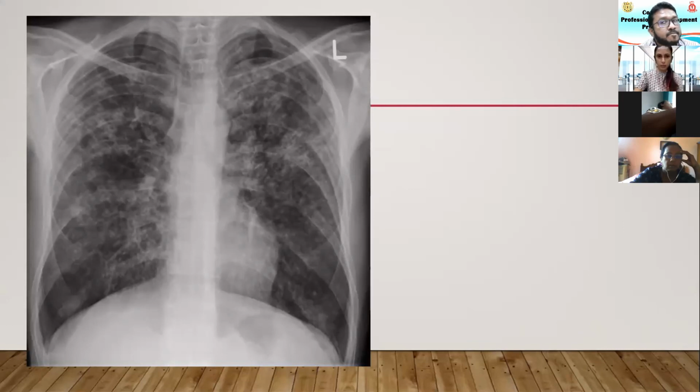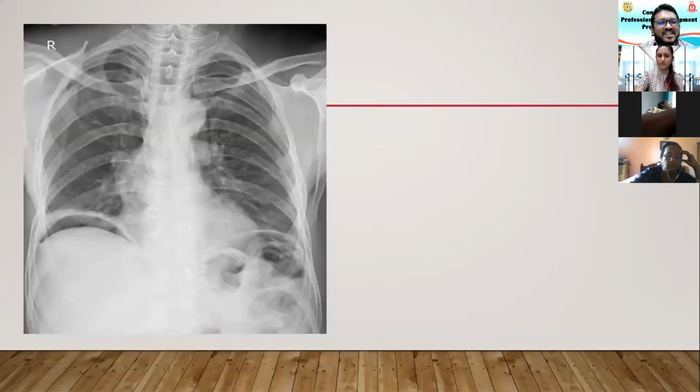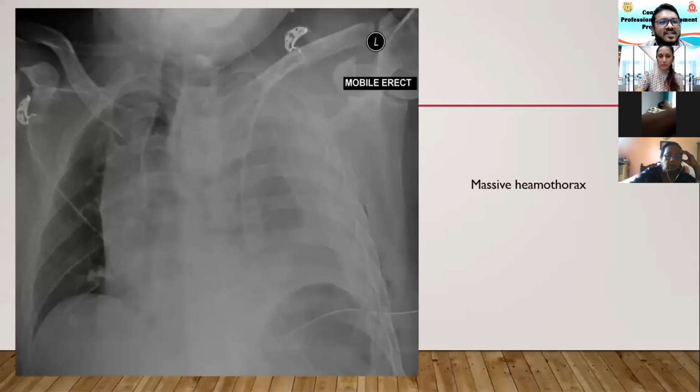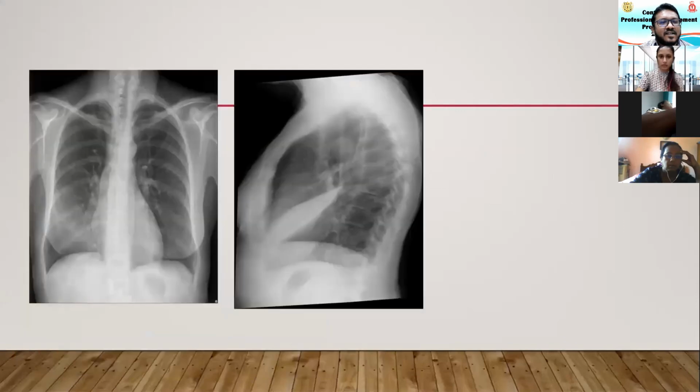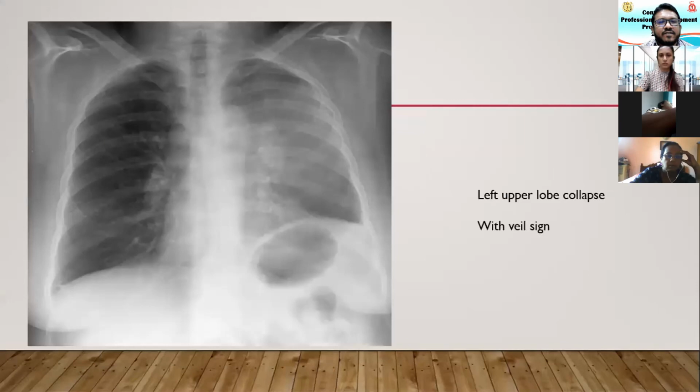Please explain more on reverse S sign, whale sign, and golden S sign. Okay. Whale sign is the left upper lobe collapse. When you put a veil on, you won't be able to see the bride's face. It's the same thing.